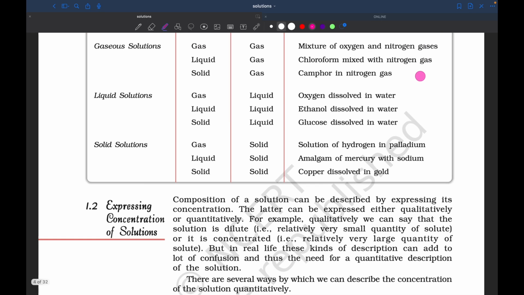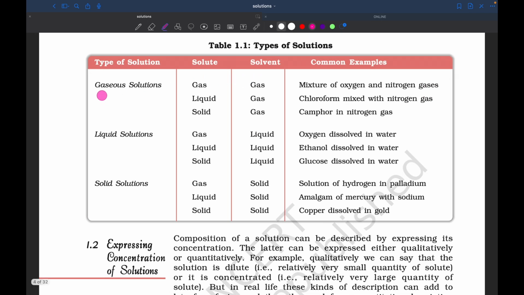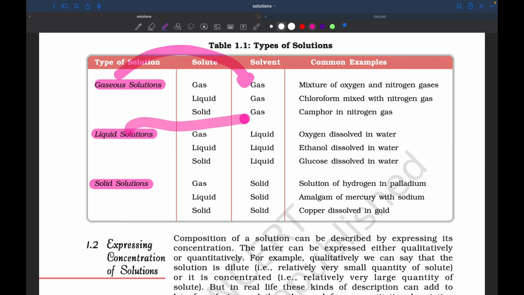So, you have got this table. We have gaseous solutions, liquid solutions, and solid solutions. In gaseous solutions the solvent is gas, in liquid solutions the solvent is liquid, in solid solutions the solvent is solid.